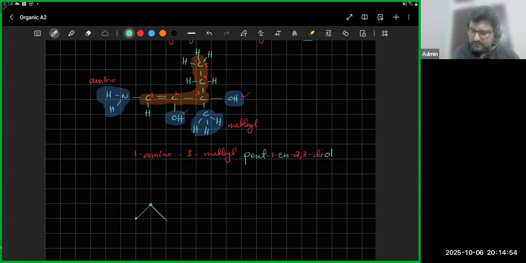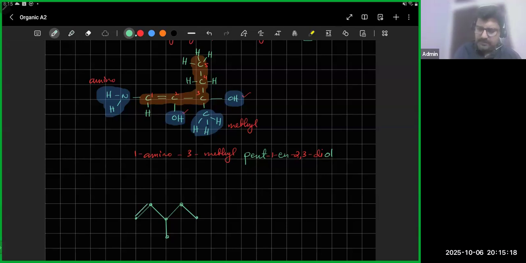So 1, 2, 3, 4, then you have 5. On the third one, there's another carbon atom, so we draw that. Between the first and second, there's a double bond.